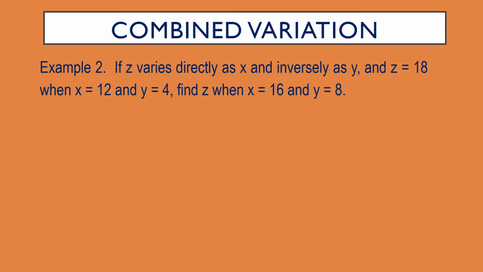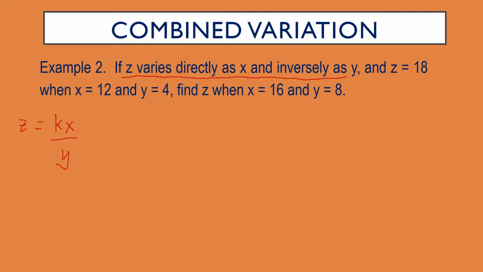First, we will translate this statement into a mathematical equation. So we have z is equal to kx over y. So how do we read that? z varies directly as x and inversely as y.